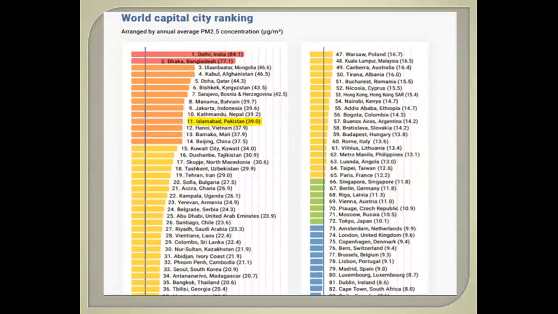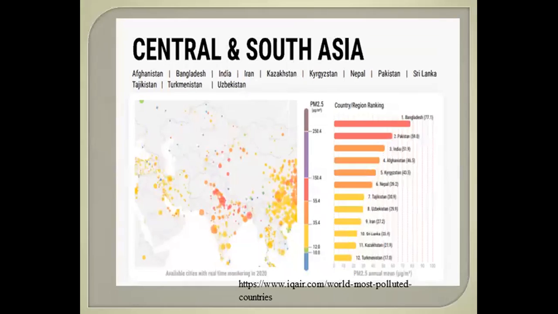In the world capital city ranking, Islamabad comes in at 11. In Central and South Asia, you can see Bangladesh and Pakistan represented by red dots, and they come under the most unhealthy countries in 2020 in Central and South Asia.